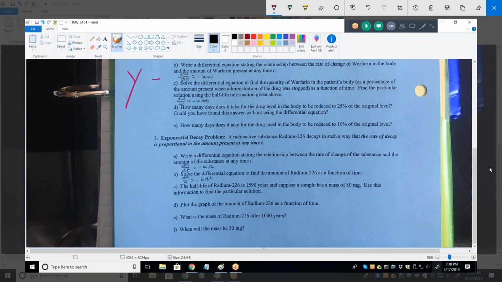Y is going to be the amount that's there at any particular point in time. So we know it's C e to the minus kt. We're dealing with decay, so I'll put a negative sign in front of the k. So that's our equation. You don't always have to go through solving the differential equation to come up with that. This is just the equation for growth and decay.